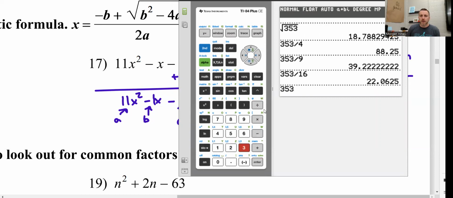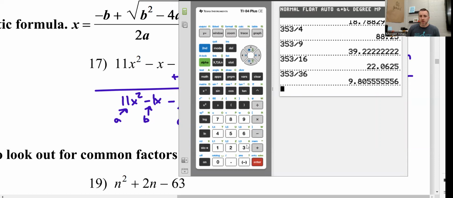Can you divide it by, not 25, can you divide it by 36? No. Can you divide it by 49? No. Can you divide it by 64? No. Can we divide it by 81?